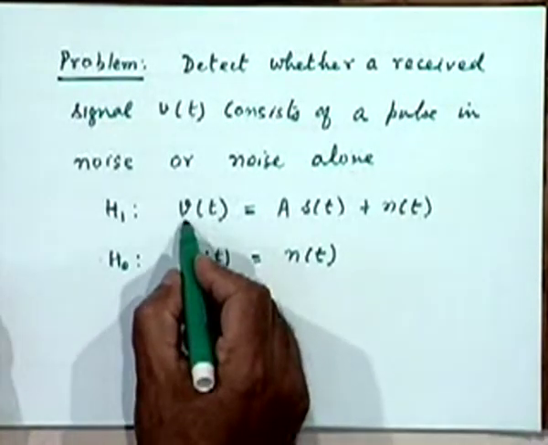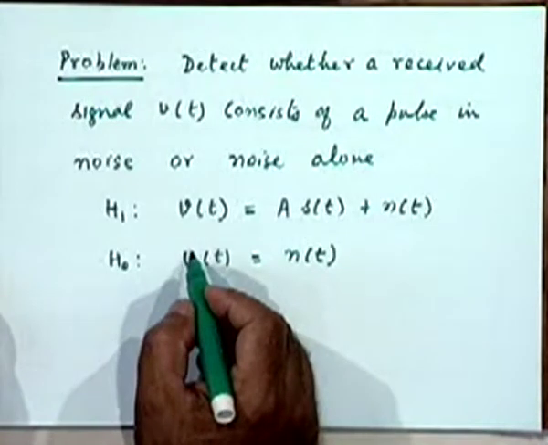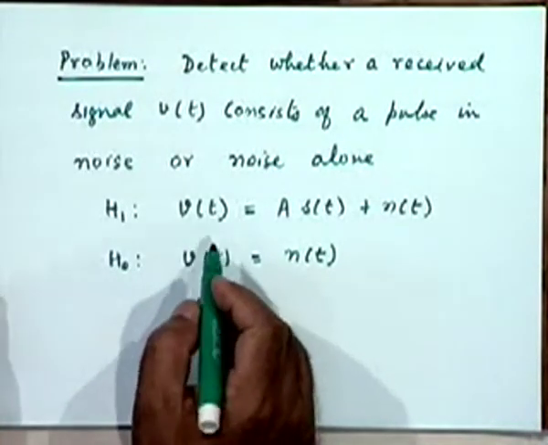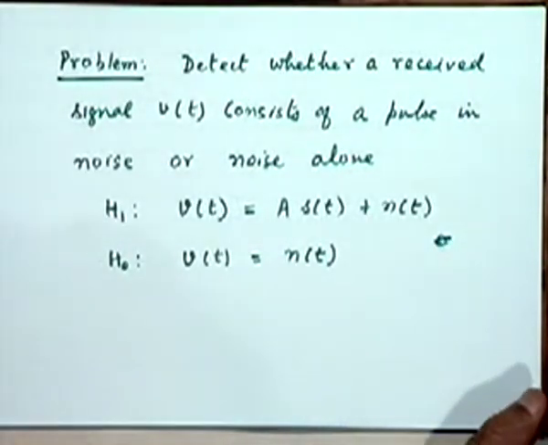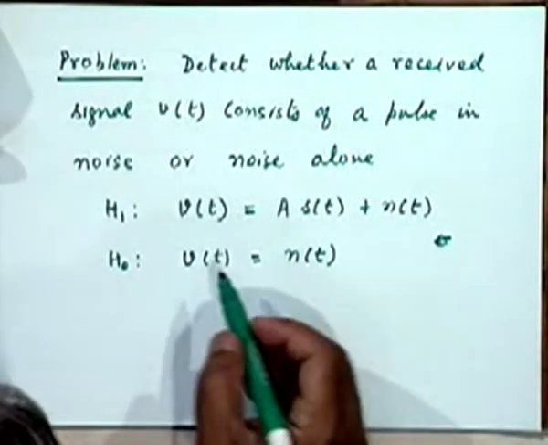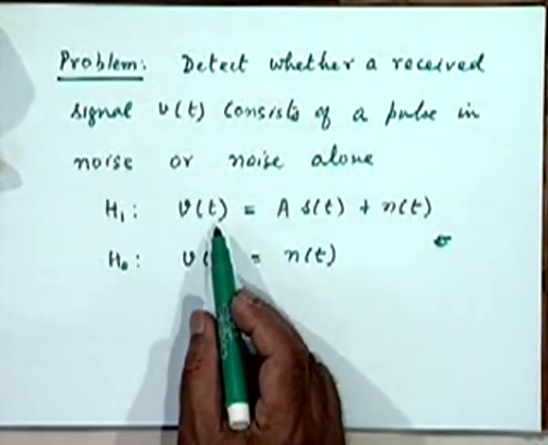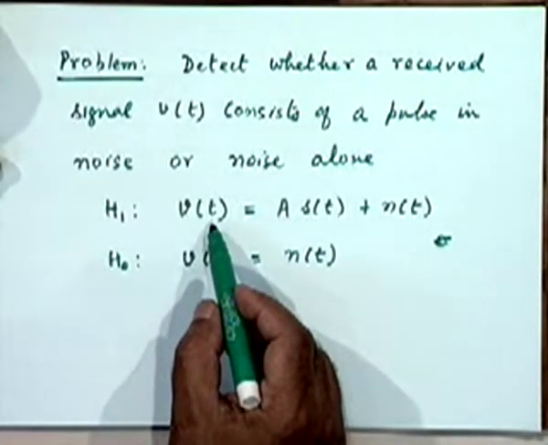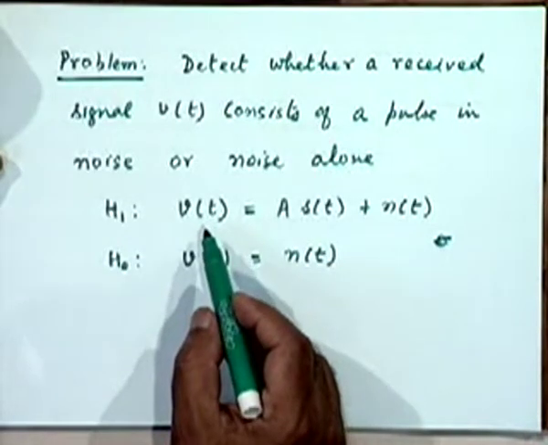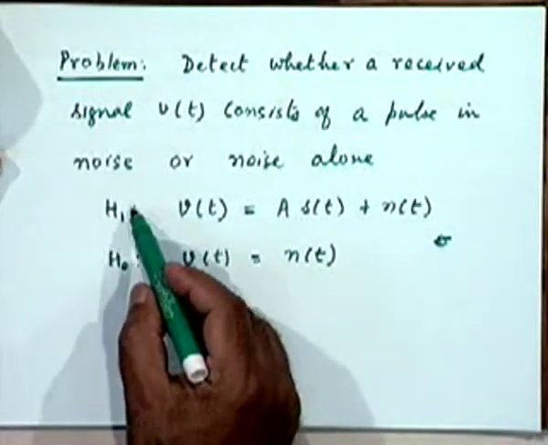All we have with us is the observed waveform v(t), over some interval, at the moment maybe an infinite interval to start with. Let us say we are talking of detection of a single pulse occurring somewhere. We need to process v(t) and finally produce a decision whether this or this is true.